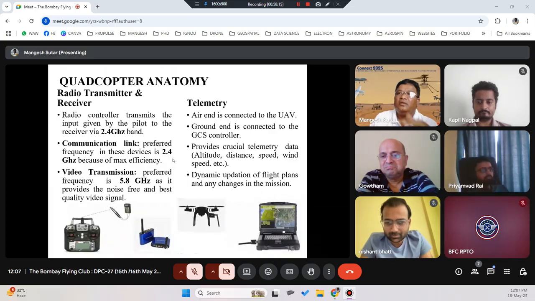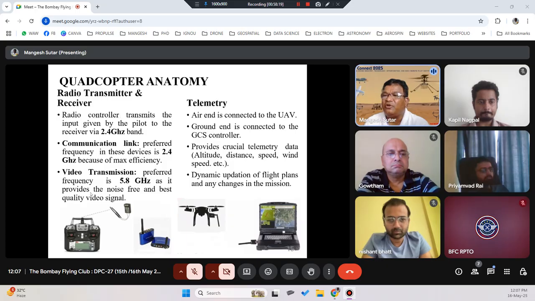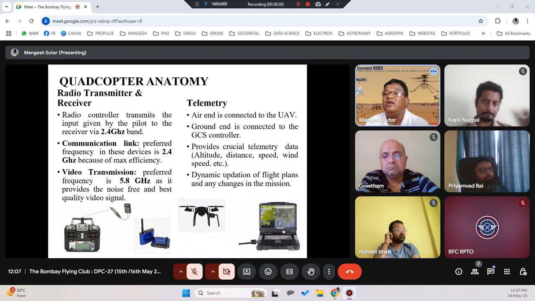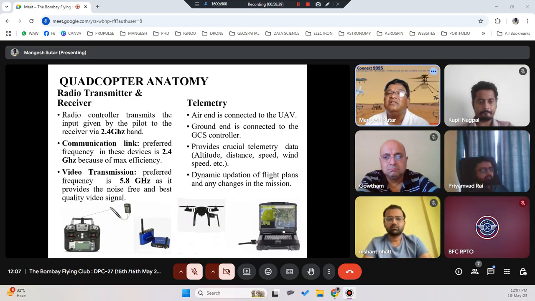Okay. So another is the radio transmitter and receiver. We talked about the radio transmitter during the control motions: pitch, roll, throttle, yaw. So the radio controller transmits the input given by the pilot to the receiver via 2.4 gigahertz. Yesterday I showed you the RF spectrum, so very high frequency and ultra high frequency are in this band.